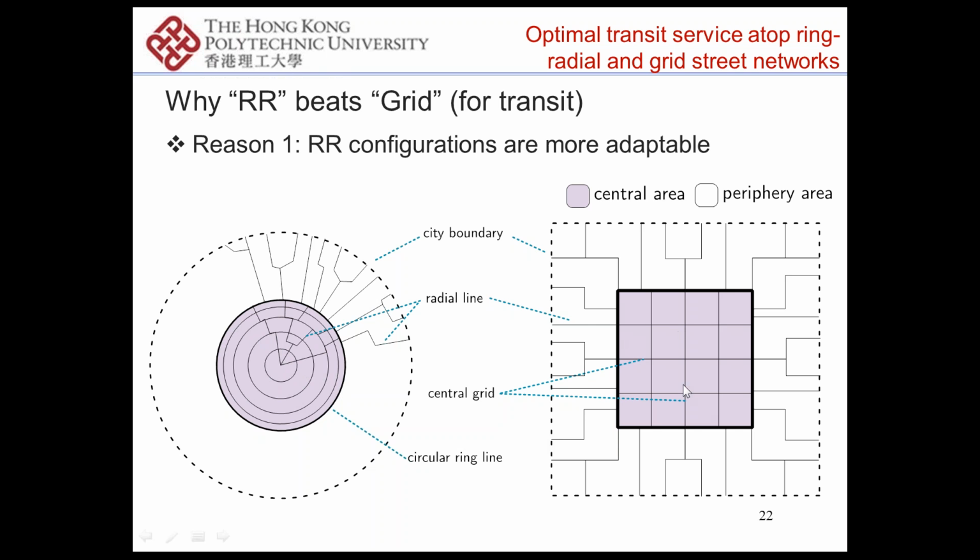However, in a grid network, the spacings between lines are fixed. So that means we have more degrees of freedom, also more decision variables, for the ring-radial network, and intuitively we will be able to obtain better results for the ring-radial network.